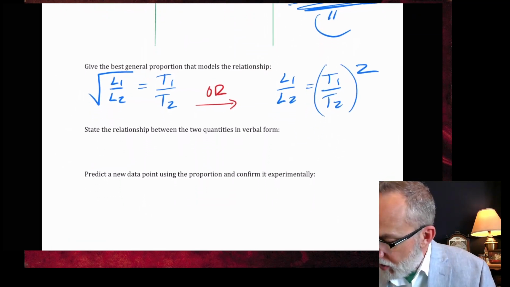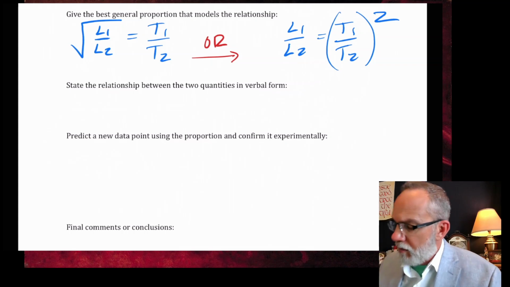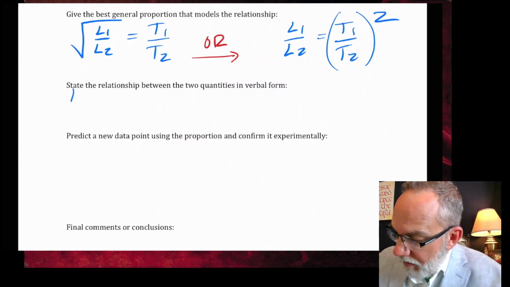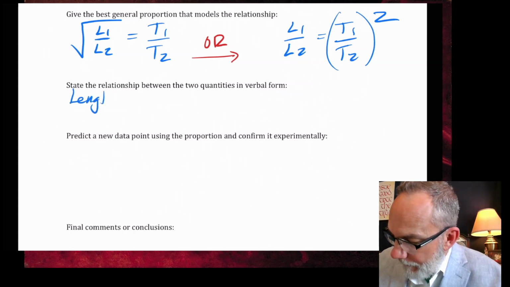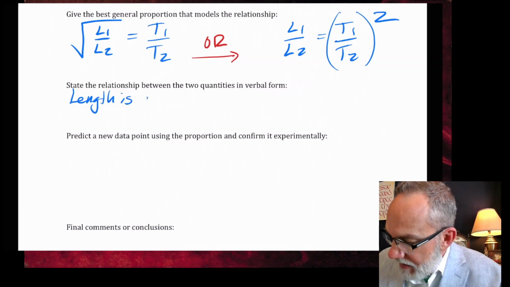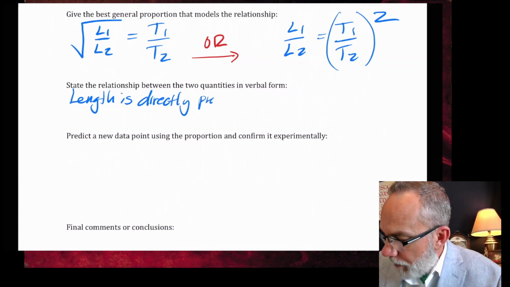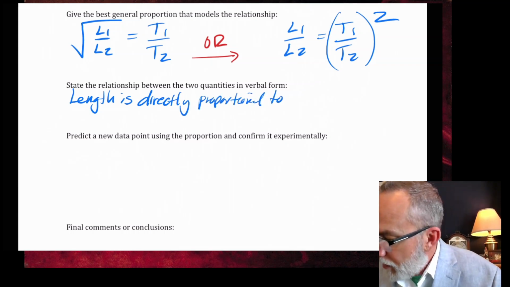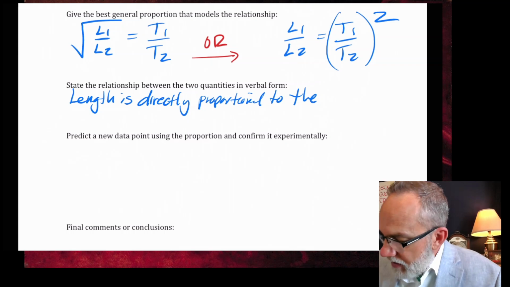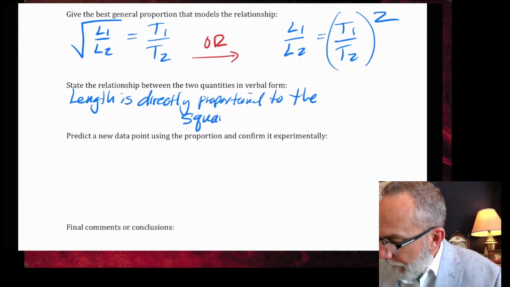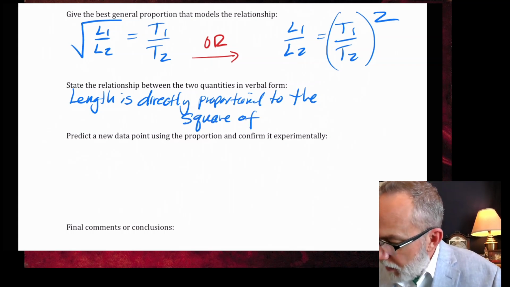State the relationship between the two quantities in verbal form. Length is directly proportional to the square of the period.